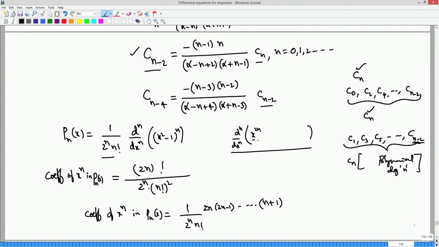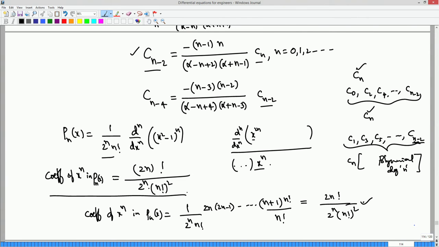Then what you get is the x power n coefficient, and this is equal to 2n, 2n minus 1, and so on. If you multiply and divide by n factorial, what you are getting is 2n factorial divided by 2 power n into n factorial square. Like that you can get this.